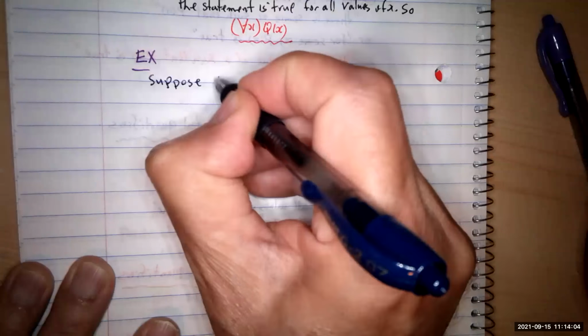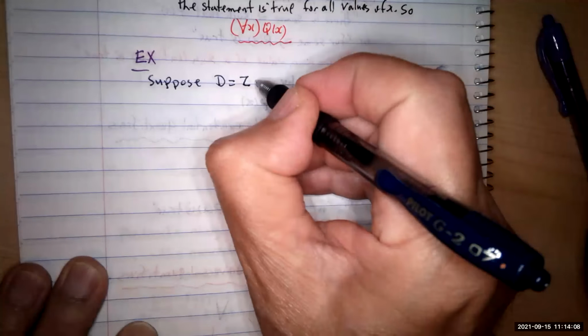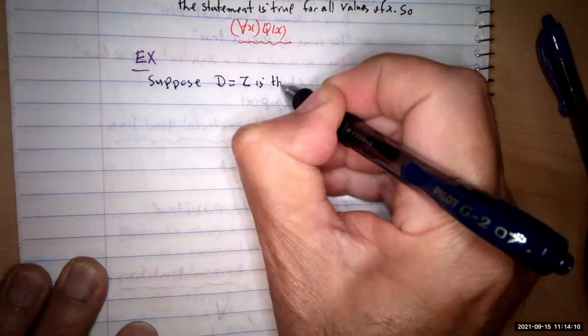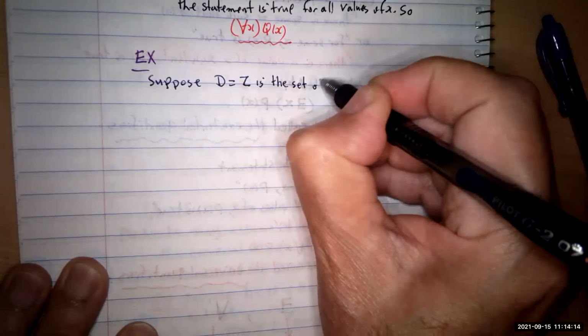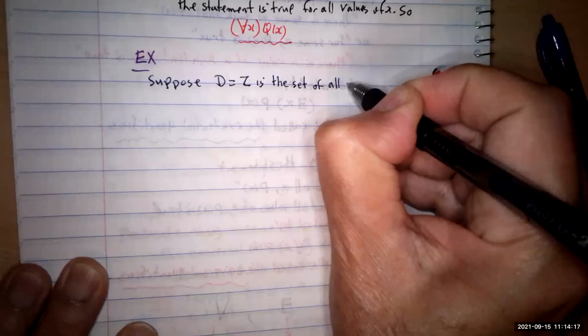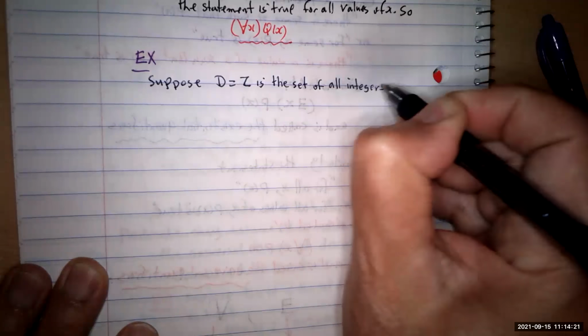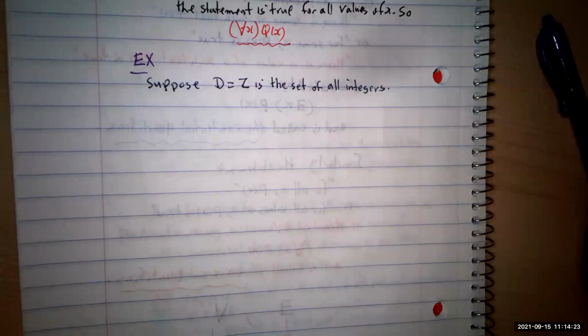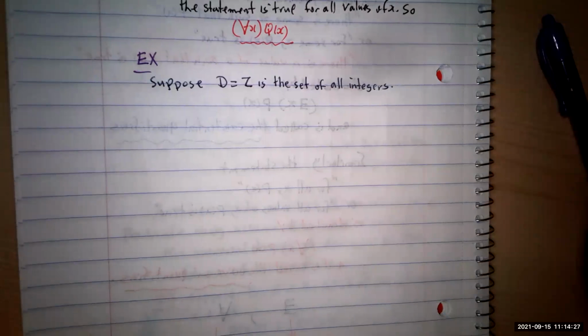Suppose the domain is Z, the set of all integers. All integers means we can use 1, 2, 3, 4, 5, 6, 0, and -1, -2, -3, etc.